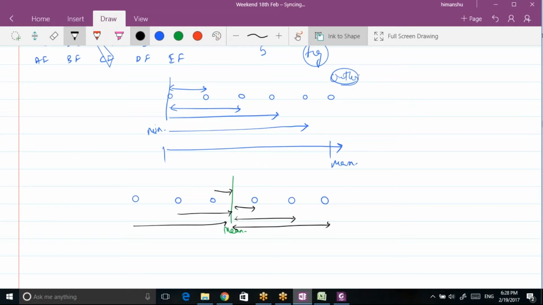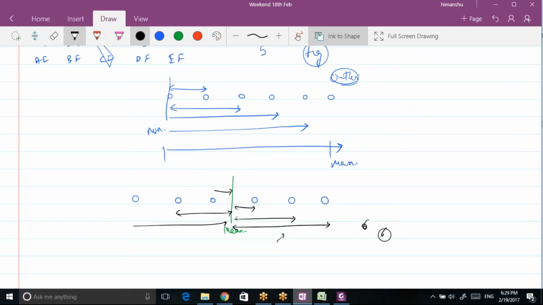If you have an outlier on the positive side, this will be high, but it could be cancelled by an outlier on the negative side also. And the number of distances will be 1, 2, 3, 4, 5, 6 only.